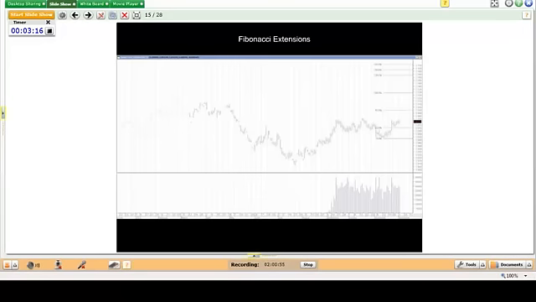The particular range that's selected, if you go back in the past, I extend that, or actually, that's the 38.2 fib level.